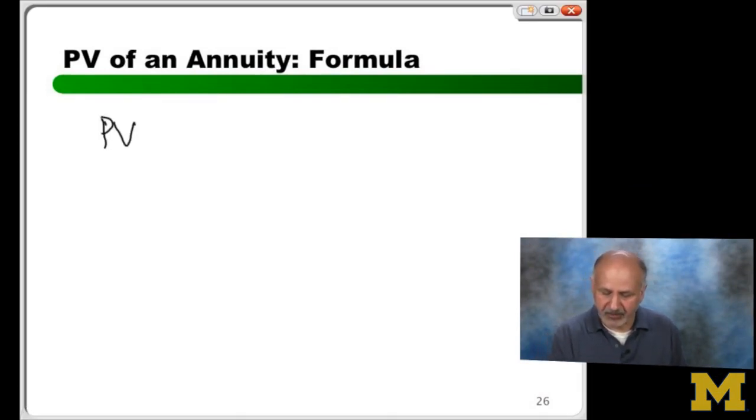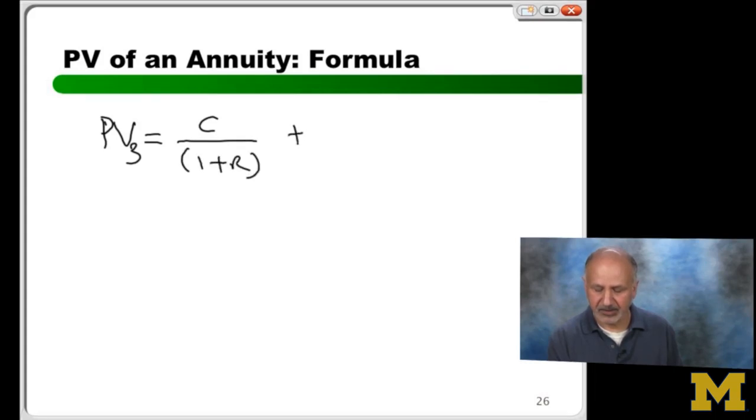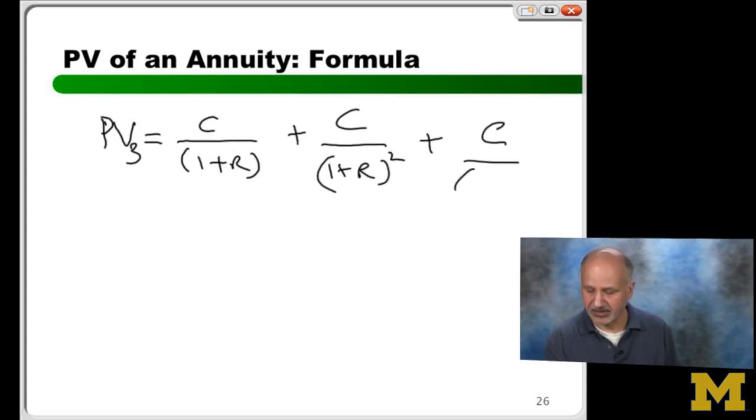The present value formula for a 3-year annuity, and I use this 3 just to remind me that it's just 3 years, is C over 1 plus r plus C over 1 plus r square plus C over 1 plus r cube, right? So I have just to do 3 PVs.